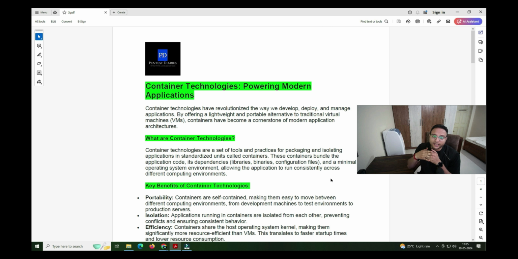It contains the application code, dependencies, libraries, binaries, and configuration files, everything under one package. It's a small file you can use anywhere. I'll send it to a person, and that person can deploy it and run that server or container in a minute. I can say that's a miracle.